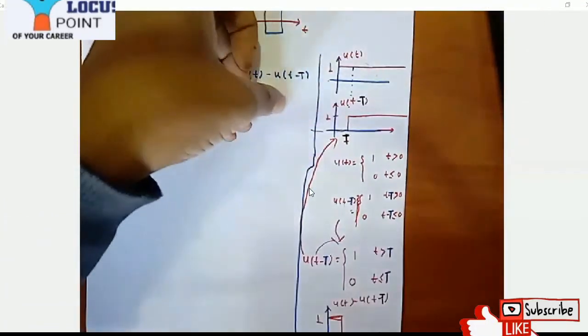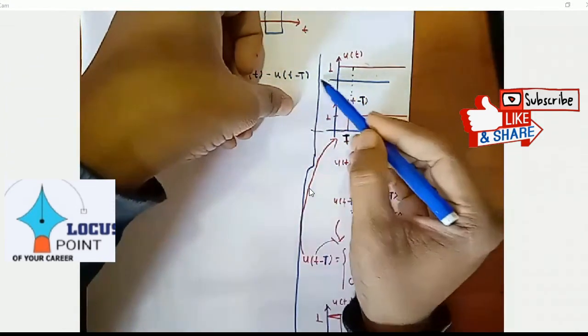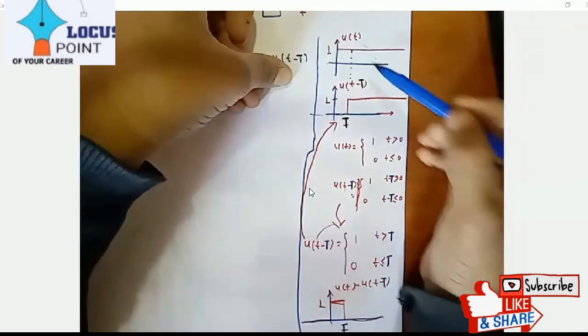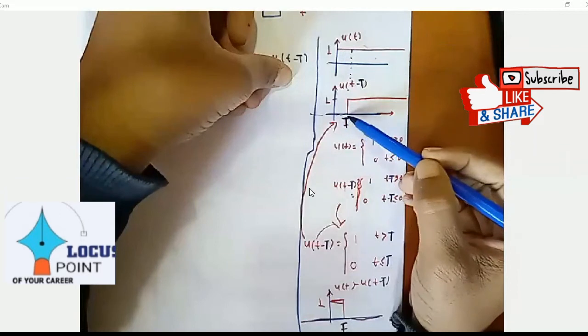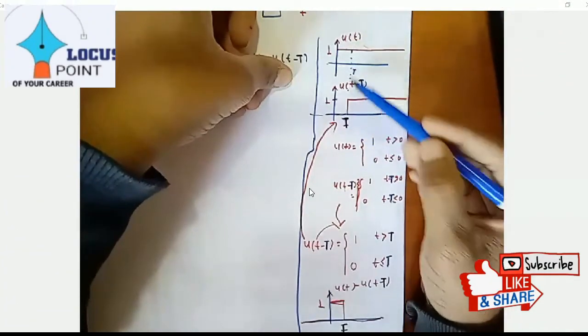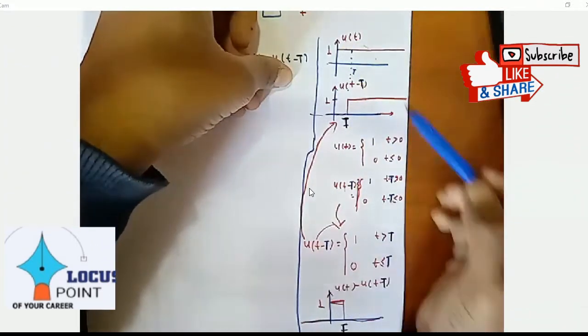So when you subtract these two, look here, this is a 0, this is also a 0, so 0 minus 0 remains 0. Now this is 1, and here let us suppose this is capital T, so this is 1 and this is 0, so 1 minus 0 will be 1. Clear?